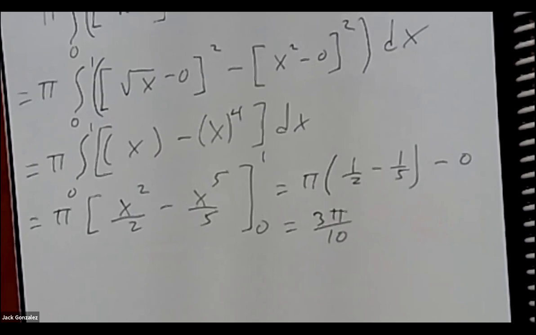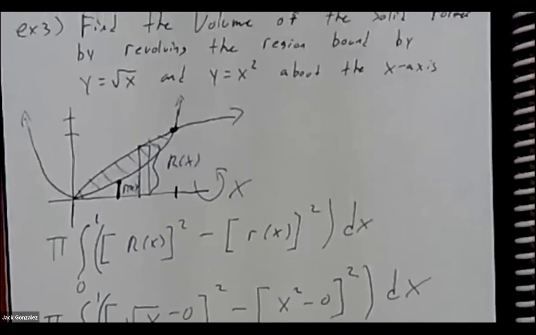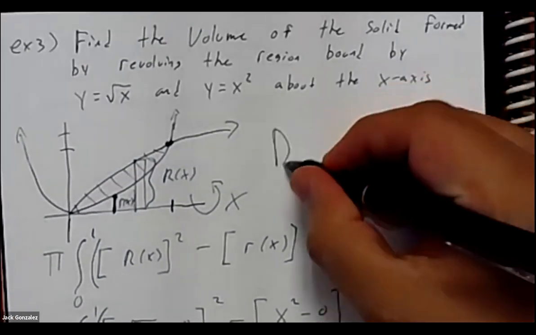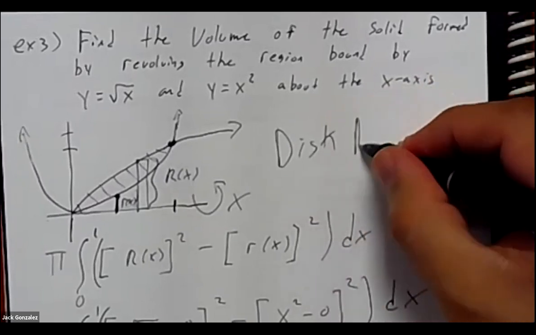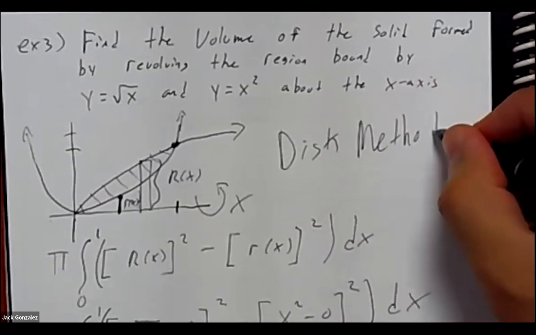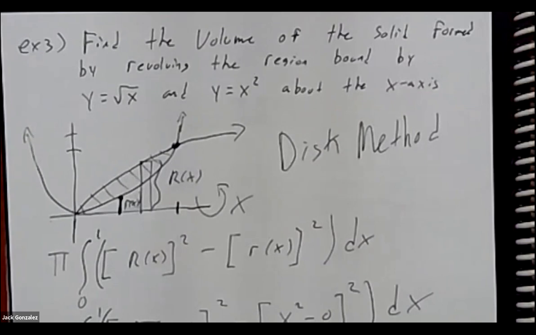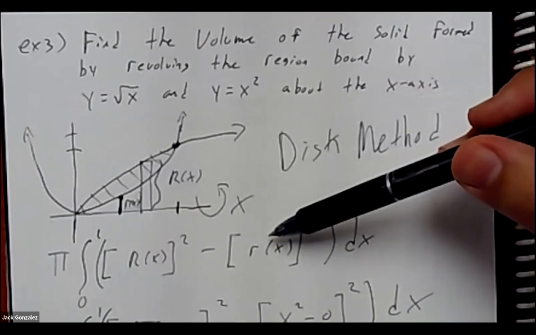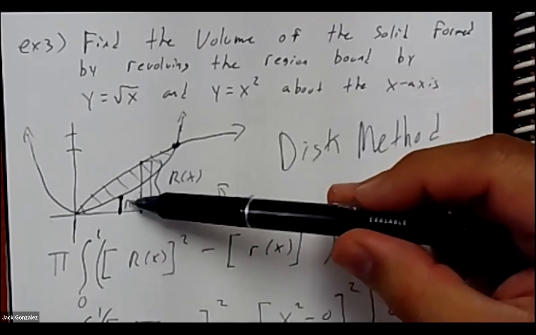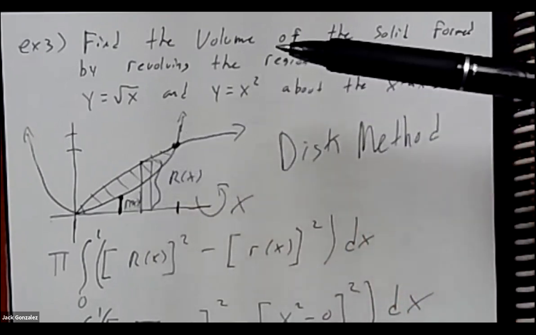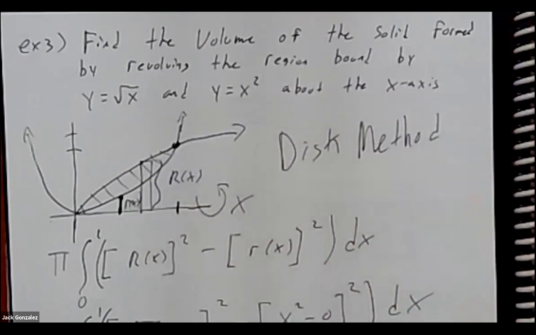Any questions on the setup for washer? So whenever you have a hole, you just subtract the hole. That's why it's right here, the inner part, because you're taking that part off.